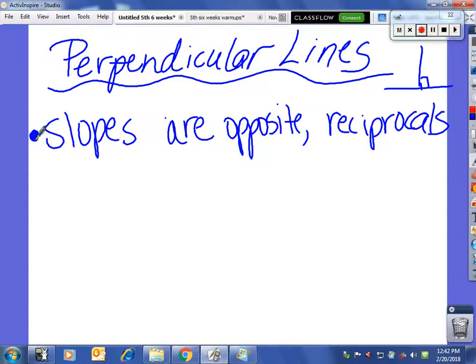So what does opposite mean? What does that mean mathematically? It's the other one. Like what's the opposite of 2? There you go. So how do you find the opposite of something?